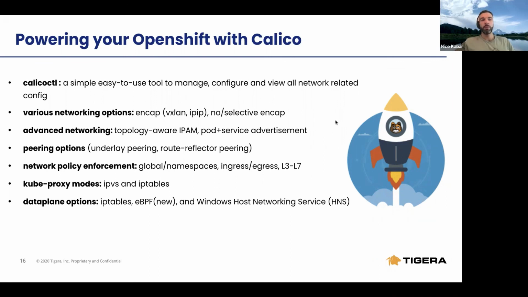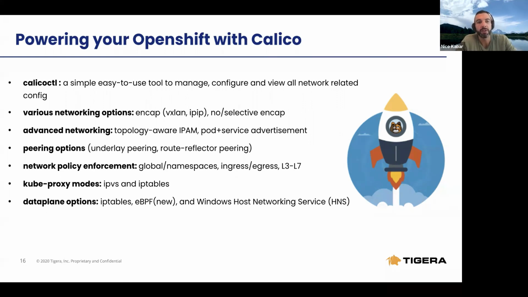Out of the box, we have a tool called calicoctl, a client-side tool that has extensive functionalities to interact directly with the Kube API and etcd to manage all things related to configuring your networks, what we call IP pools, like segmenting your networks into different subnets and different configurations, and some of the advanced networking features can be managed through that tool.